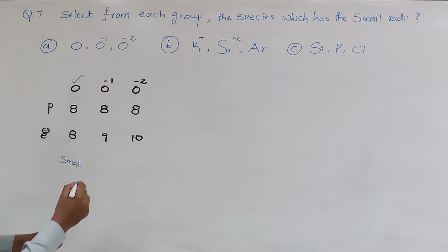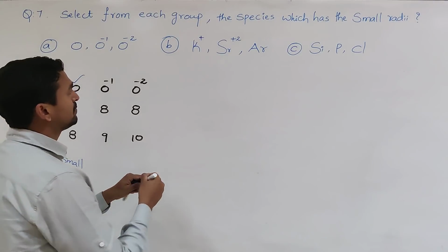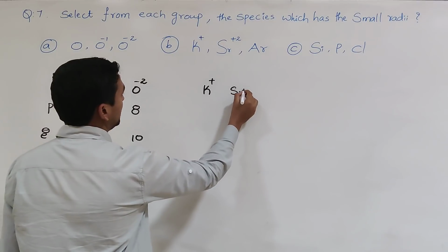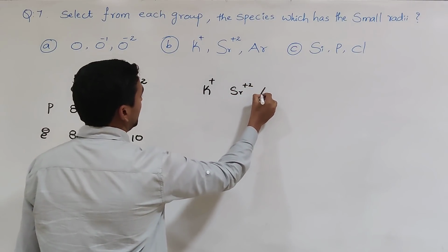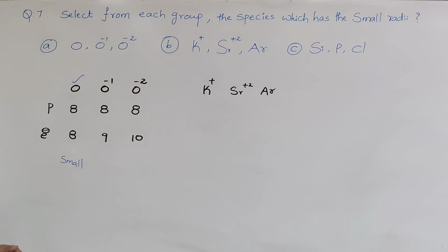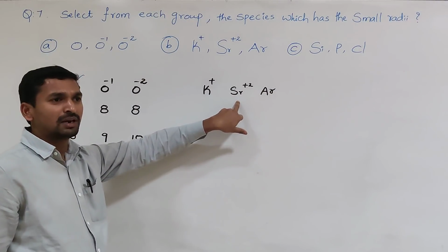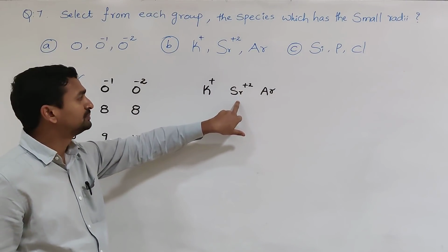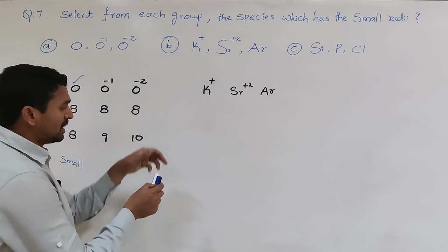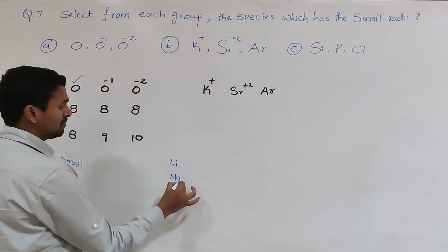Now the second one: K plus, strontium plus 2, and argon. In this case, potassium and strontium belong to different periods. Potassium belongs to the fourth period, because lithium, sodium, potassium.